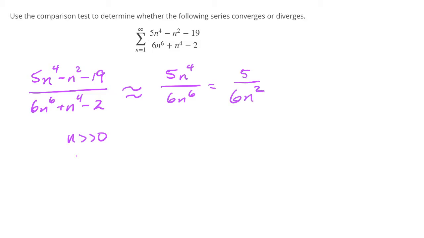And so in the limit, because we have similar behavior there, we're asking, can we use the behavior of this series? So we've got 5/6 times 1 over n^2 as n goes from 1 to infinity. Can we use the behavior of that series to predict the behavior of the series that we're interested in?